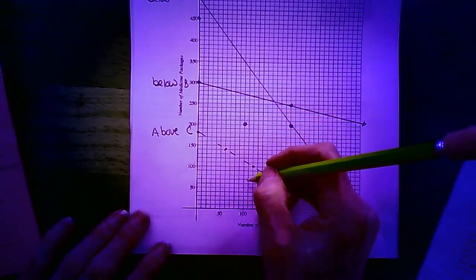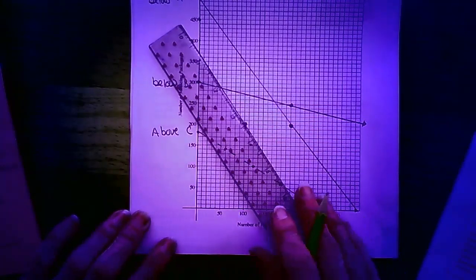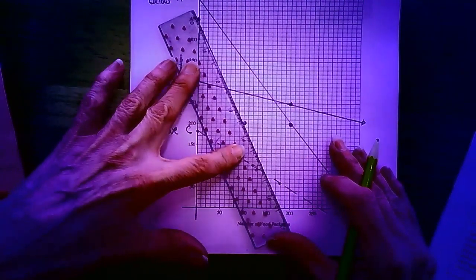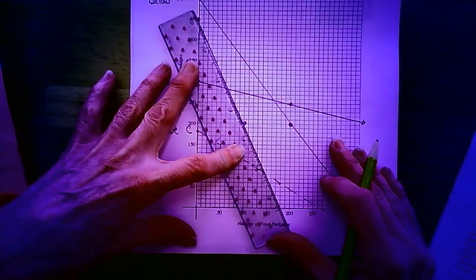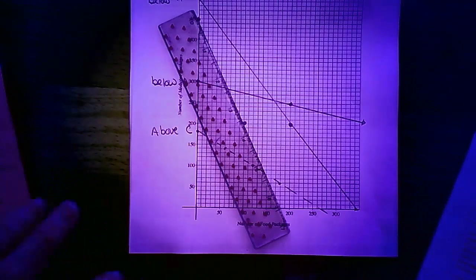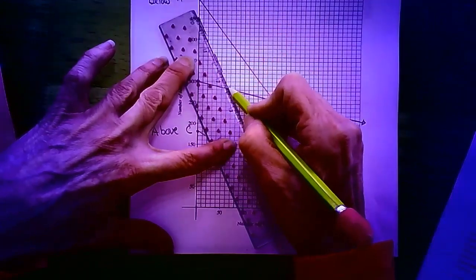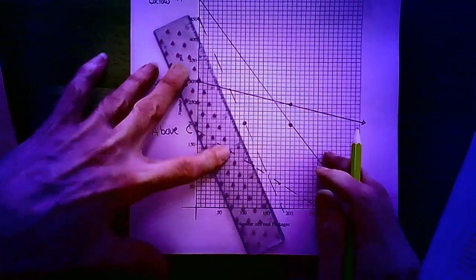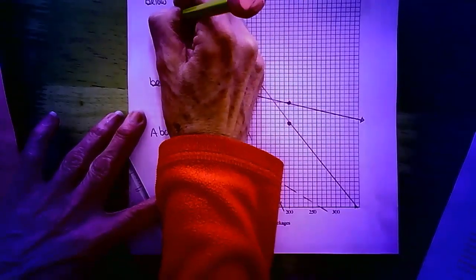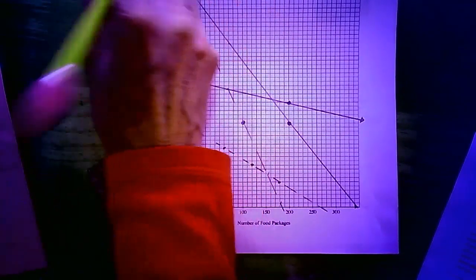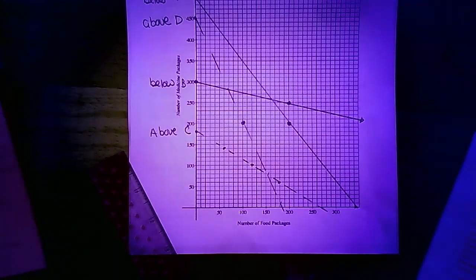So if I go down, I think that should be enough to give us a good line. If it's a greater than, then once again it's going to be dashed, and then I am going to need to shade above. So I'm going to do my dash line. And this is country D, and I'm going to shade above. All right. So now let's look at country E.